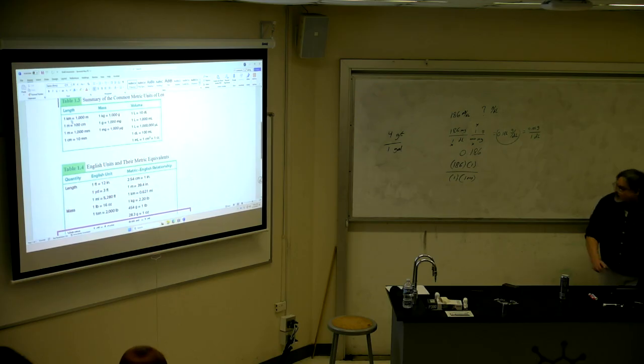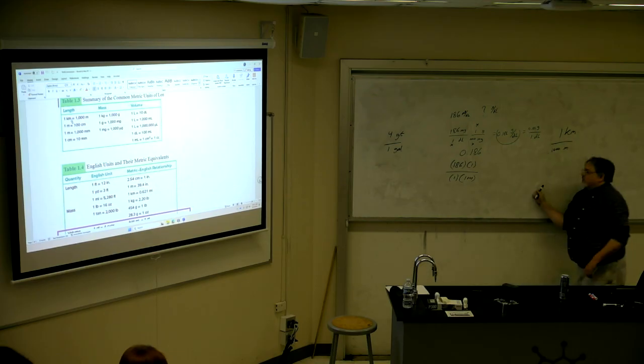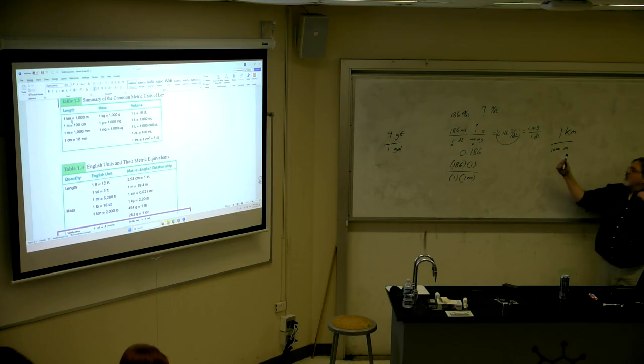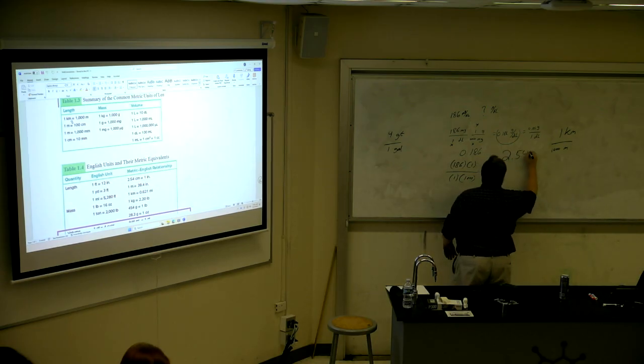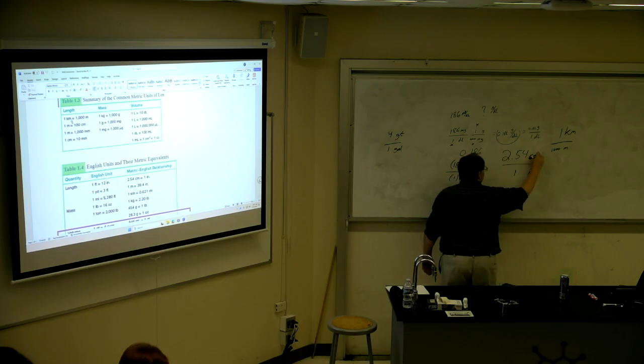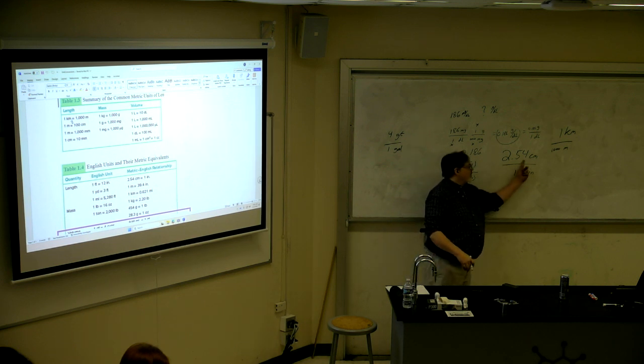So these are all showing you metric to metric. I mean, for this 1 kilometer is 1,000 meters, you would write it, and that's exact because it's just metric. It's stuff like this that goes metric to standard or metric to English, however you want to call it.